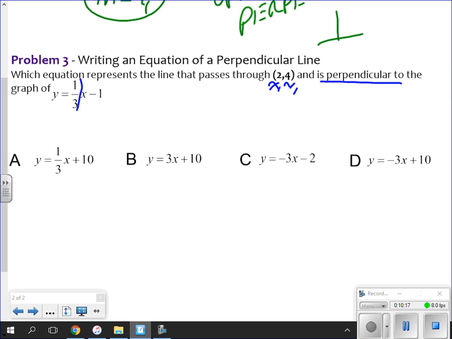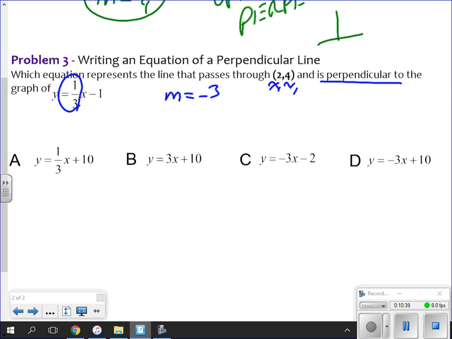So the slope of this one is 1/3. The one I want is perpendicular, which means the slope of my new line would be the opposite reciprocal of 1/3. What's the opposite reciprocal of 1/3? -3.